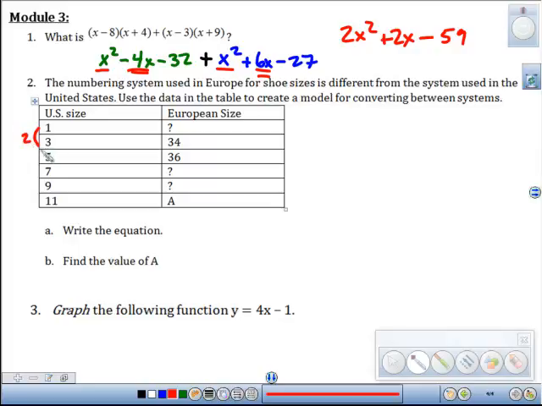Yes, it's going up by 2, and then it's pretty consistent. It's going up by 2. And then on this side, from here to here, it's going up by 2 as well. So we can probably safely assume that this one is going to be 38, because it's increasing by 2, and then this one will be 40. So then that leaves A to be 42. So we can find the value of A. We got that. Check.